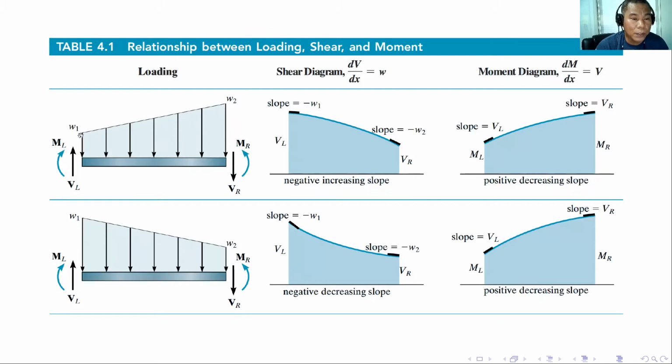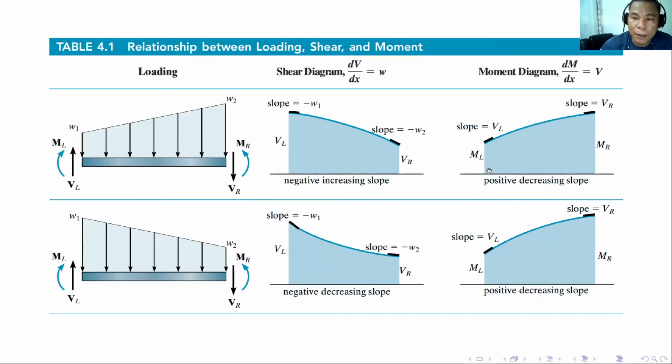But of course, since W is going down, it should be a negative increasing slope up to negative W sub 2 at the right hand side, where the slope is equal to the shear VR. Then we can go directly with the shear VR.